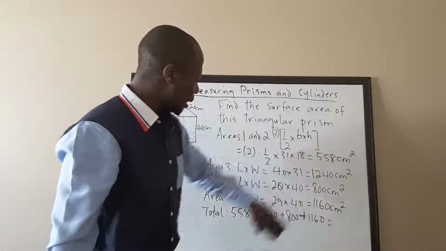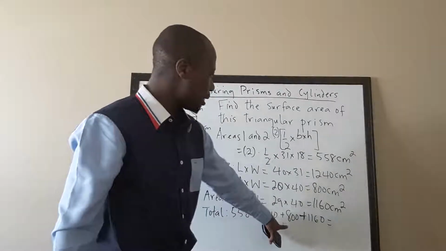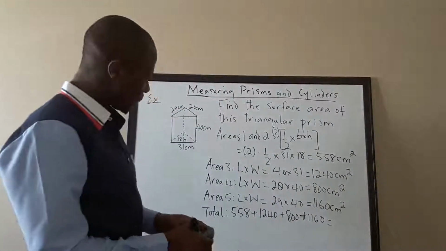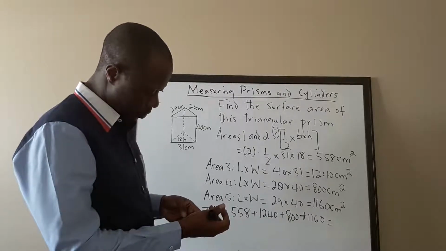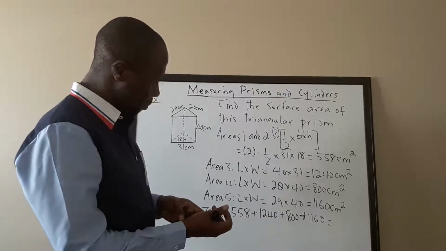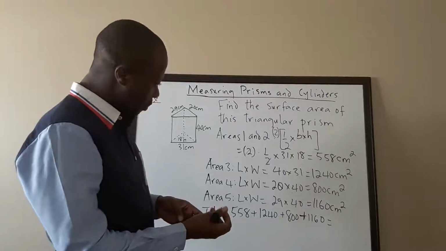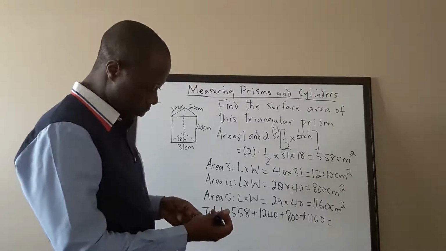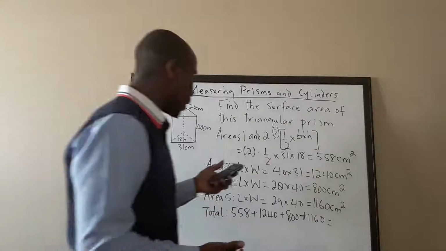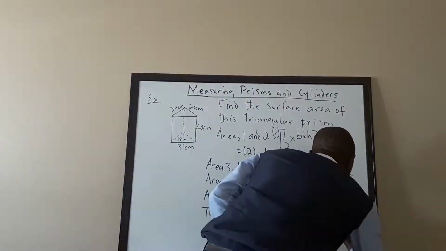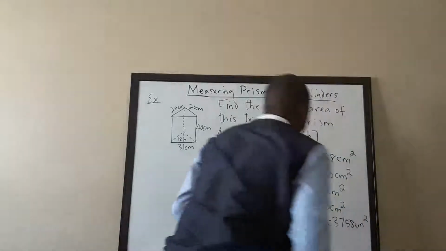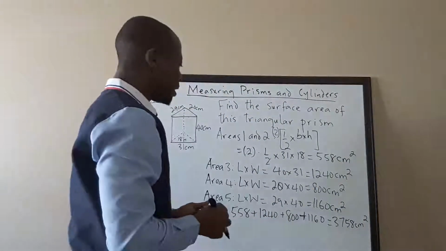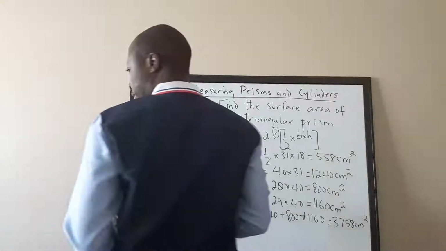So 558 plus 1240 plus 800 plus 1160 equals 3758 centimeters squared. So 3758 centimeters squared.